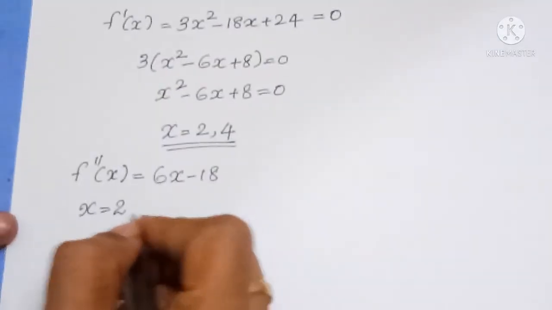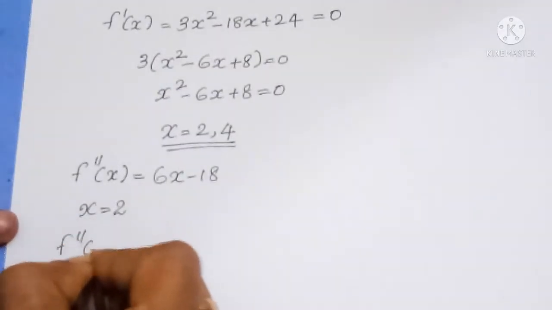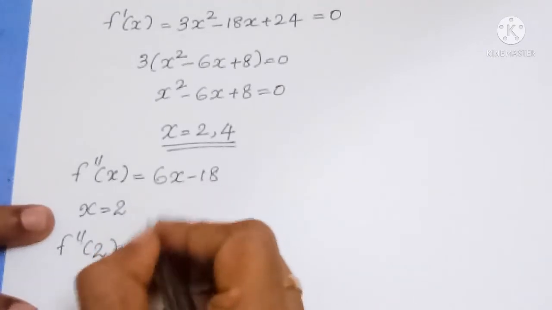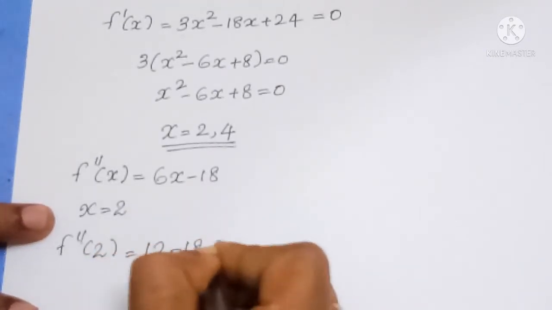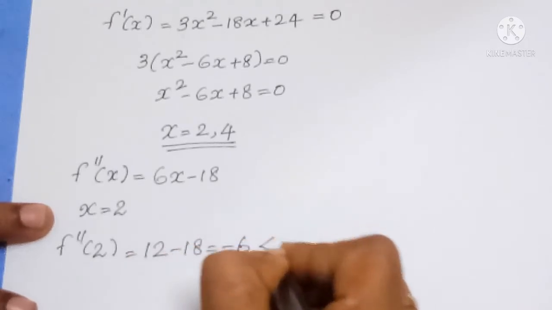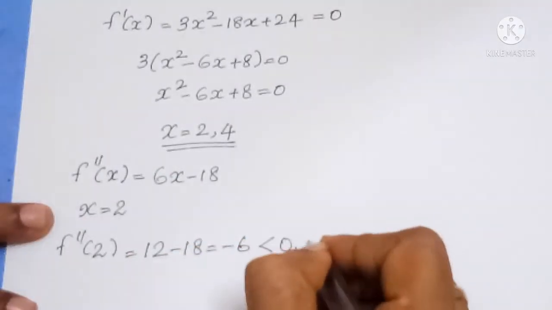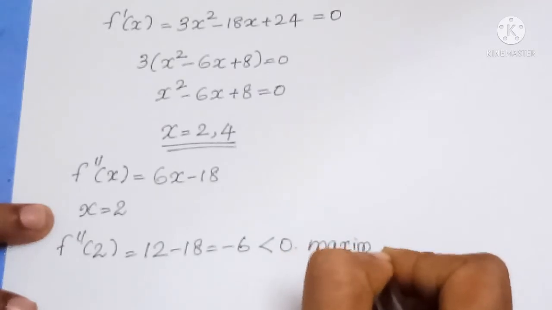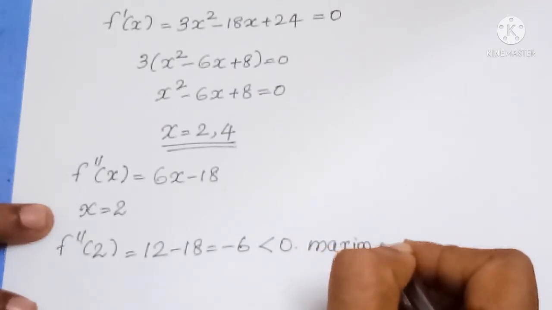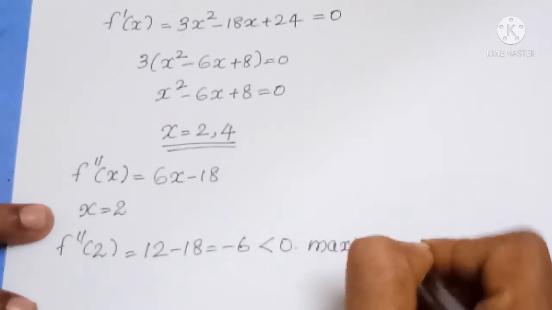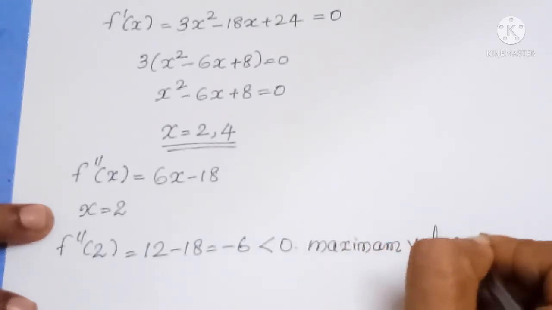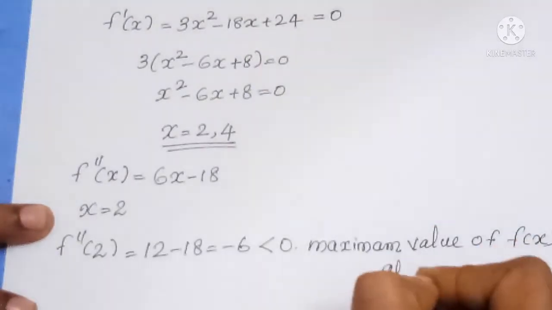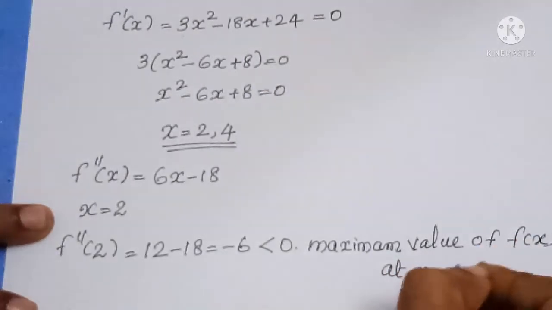So f double dash of 2 become 6 into 2 become 12, 12 minus 18 become minus 6. So it should be less than 0. So this is the maximum value of f of x at x is equal to 2.